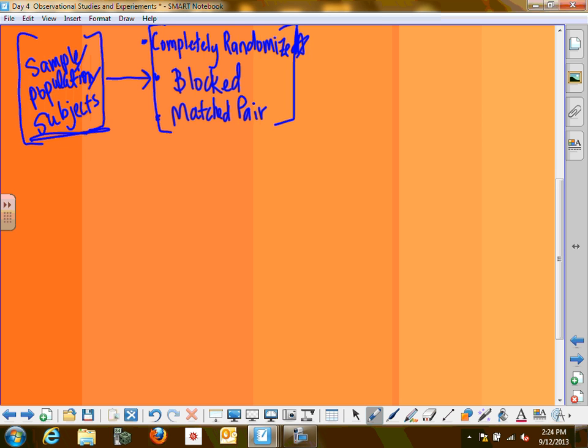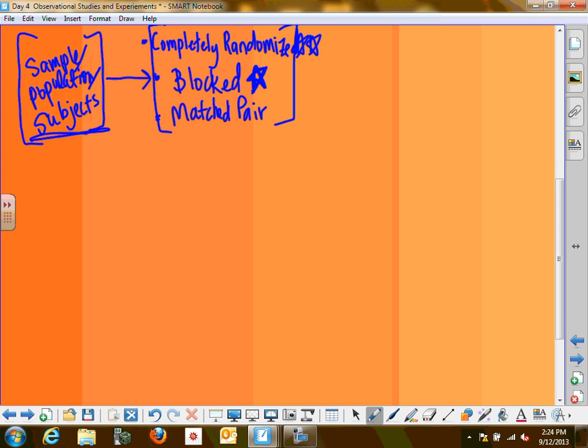So, if you don't know of anything that's going to affect weight gain, then you can just use completely randomized. That's the simplest, least expensive. Okay, but say there's something that's going to affect the response. Say that your height will have a bearing on average weight gain of some sort, or your gender, then you need to control it.